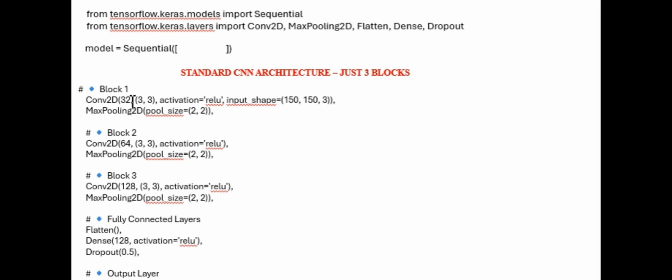In the first block it was 32, now it's 64, and in the third block we have 128. So you are doing it over and over 3 times to make our model better. This is the first block, the second block, the third block. Then we specify our fully connected layers, which include flatten, dense, dropout, and our output layer, to bring out the output of our project.